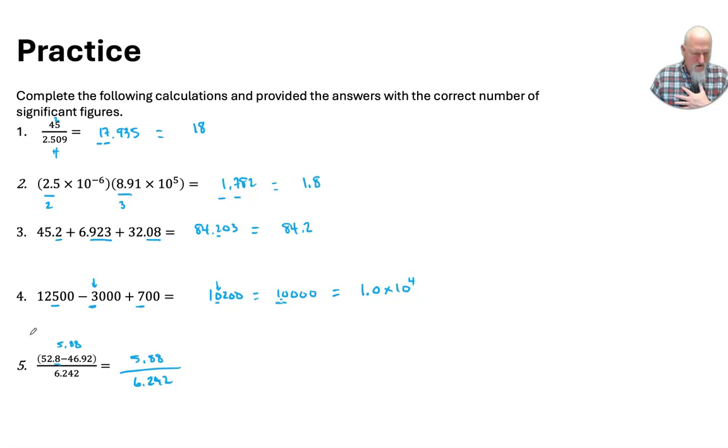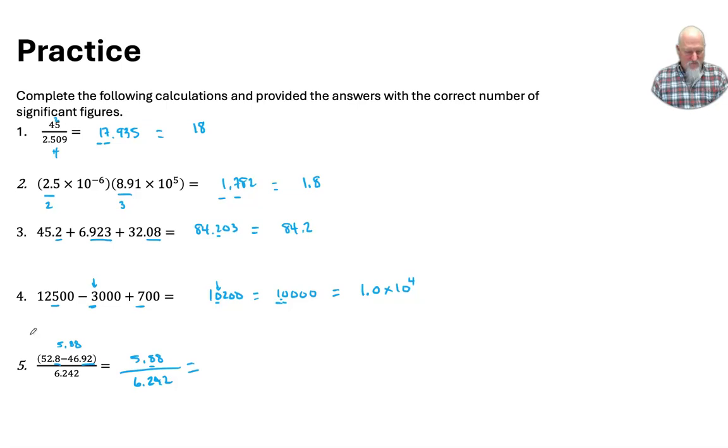So I have one number after the decimal for 52.8. I have 2 for 46.92. So my answer should only have 1 after the decimal, 5.8. I'm going to leave the other 8 there because I'm not done with my calculation, but I'm going to mark that I'm going to know that that number should only have 2 significant figures in it.